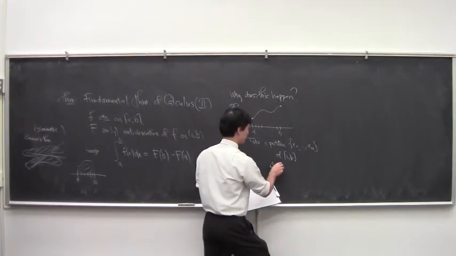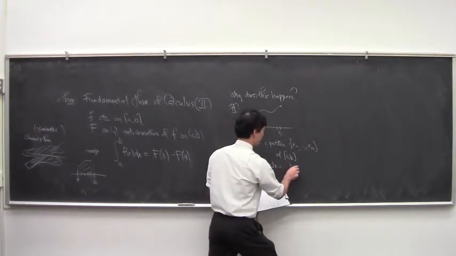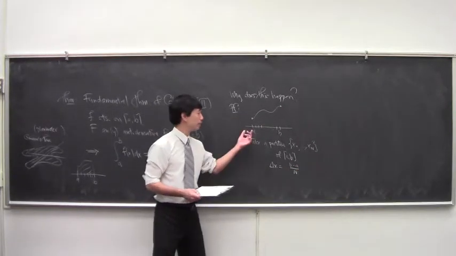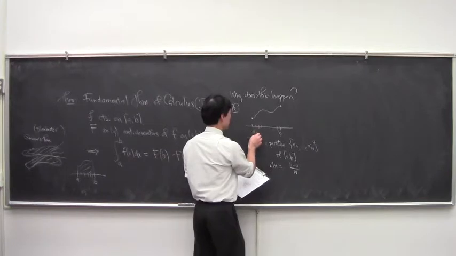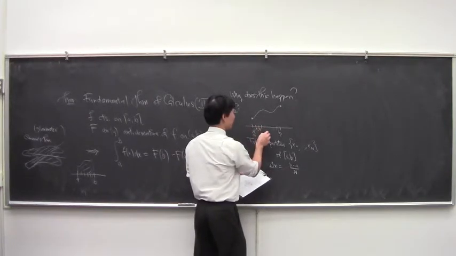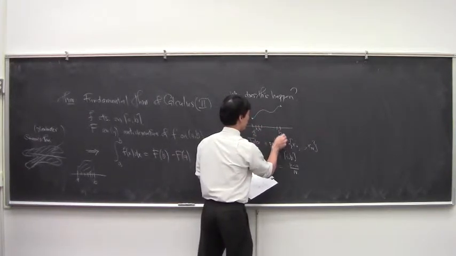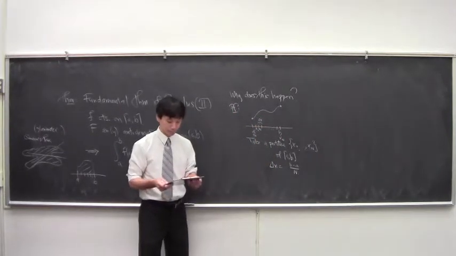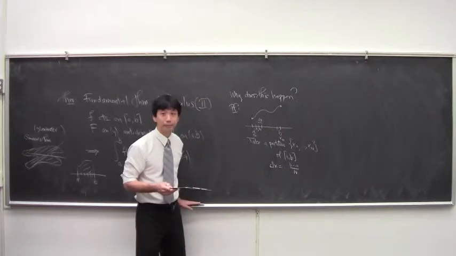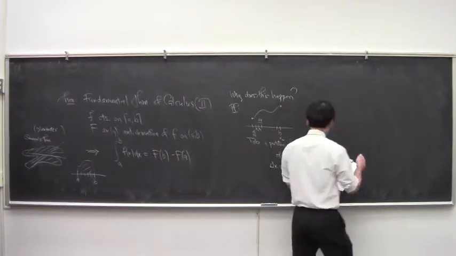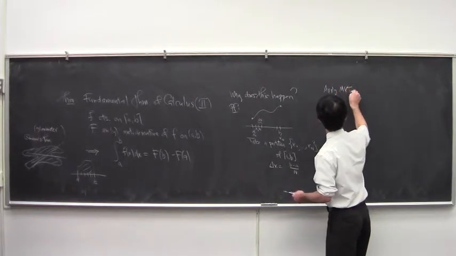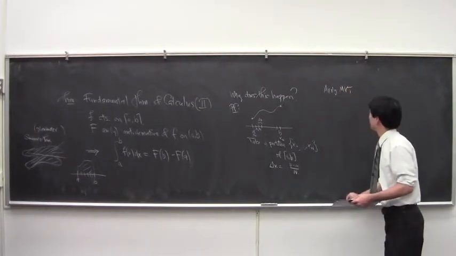So delta x is again going to be (b minus a) over capital N. This is x naught, x1, x2, up to x_N, and the width of these intervals we're going to call delta x. Now what we're going to do is apply the mean value theorem.